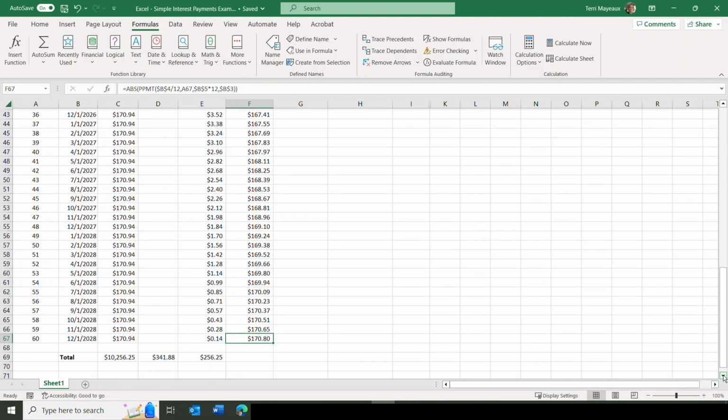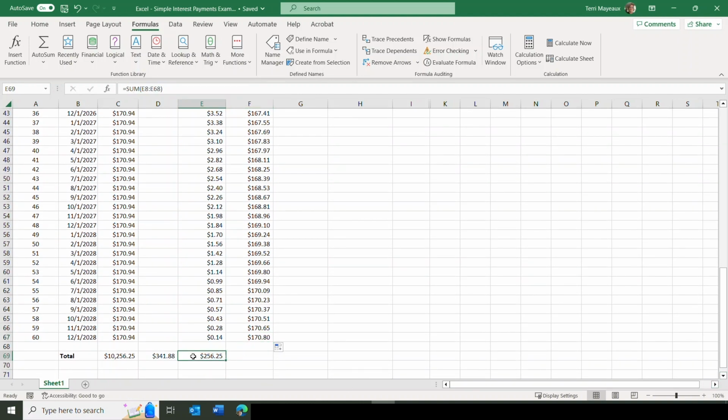And again, I would like to know what that total is. So I'm going to go to E69, find the fill handle, and copy that formula over. And look at that. There is our $10,000, our initial loan.